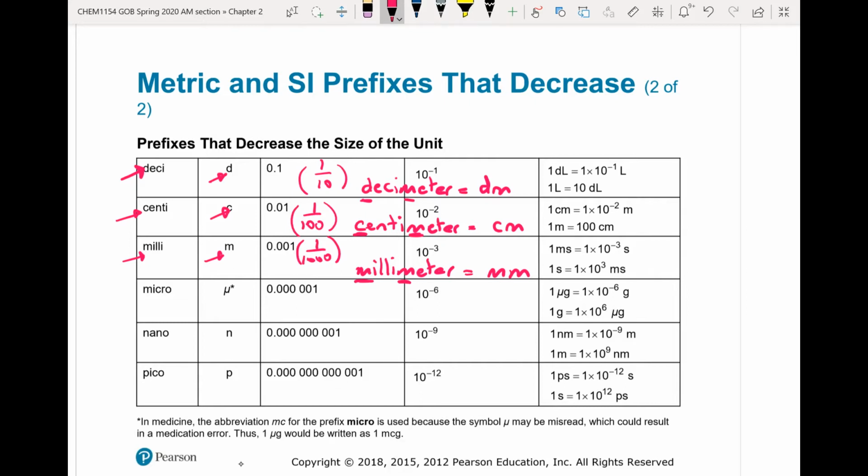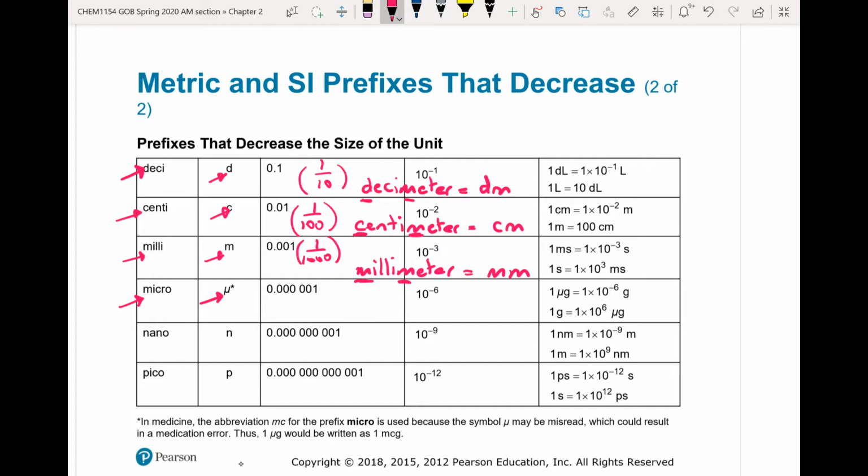The next one is micro. Micro has an unusual symbol or abbreviation. It looks like a U with a tail at the front. I'll try to draw it really big here. Let's see if my marker works.